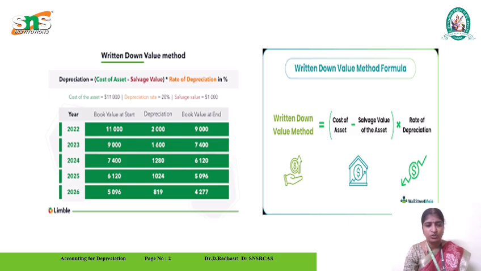This is the book value of the asset, and we can compare it with the depreciation amount. This is the calculation of the written down value method. The cost of the asset and the percentage of the value of the asset give the rate of depreciation. By this calculation, we can identify the written down value. Year by year, we can find out the exact price of the goods and the value of the product.